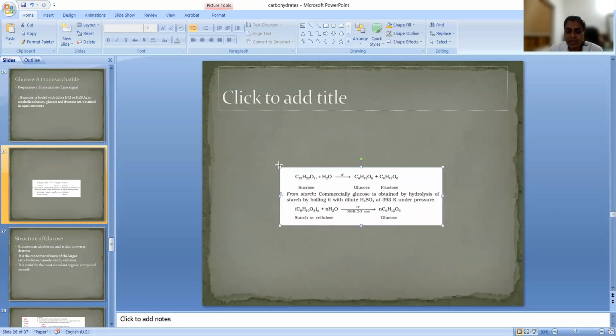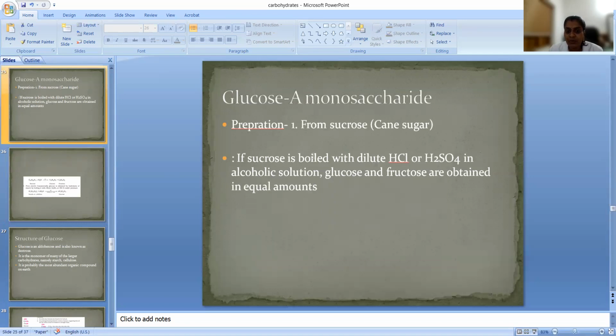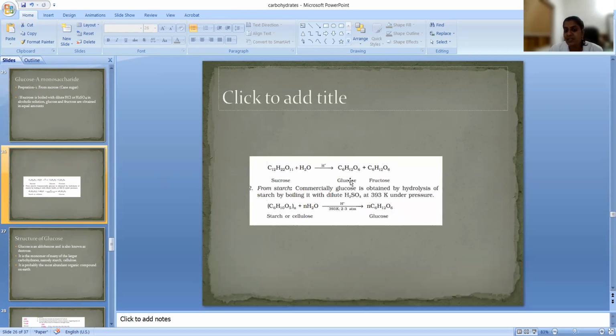If sucrose is boiled with dilute hydrochloric acid or sulfuric acid in an alcoholic medium solution, so you have to boil, and we have to use dilute HCl or H2SO4 in an alcoholic medium, then we are getting glucose and fructose. So sucrose will split into 2 monosaccharide units, glucose and fructose. This we can use for the preparation of fructose and also for the preparation of glucose.